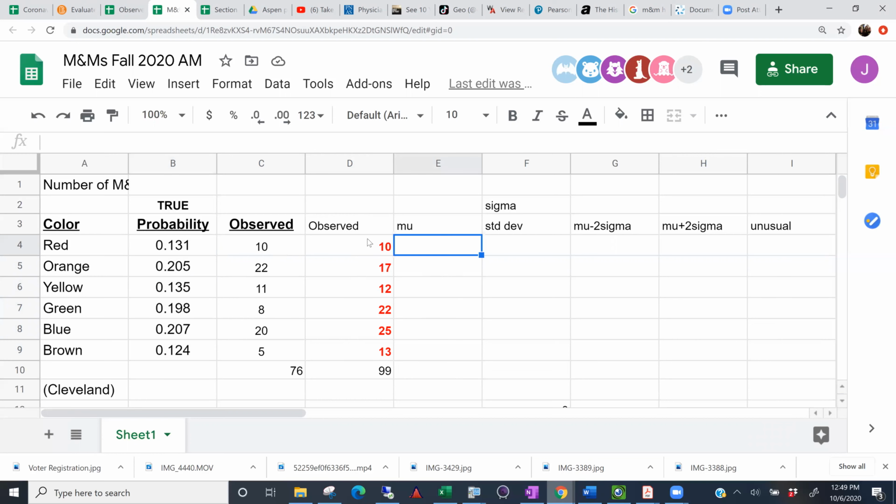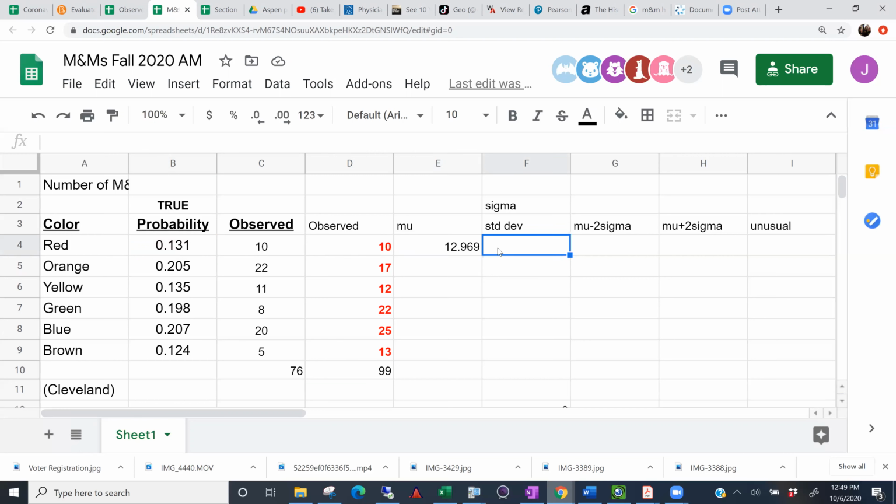If I wanted to calculate my expected values compared to the mean, I could do that. I had a total of 99 M&Ms here this morning. So the expected number is the probability of a red one times 99. What's the standard deviation?